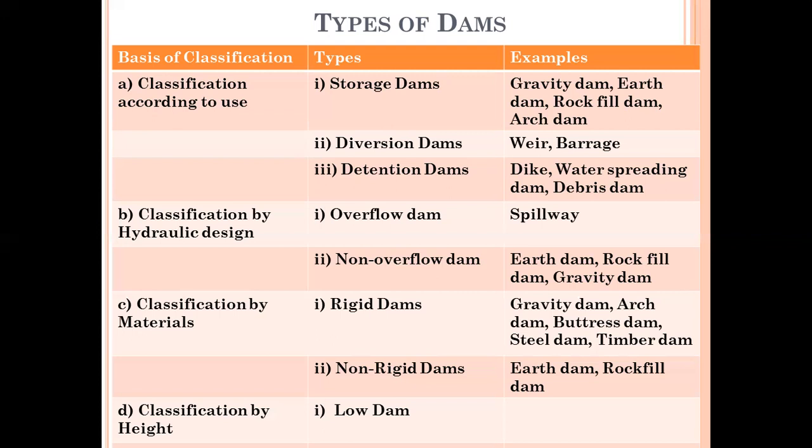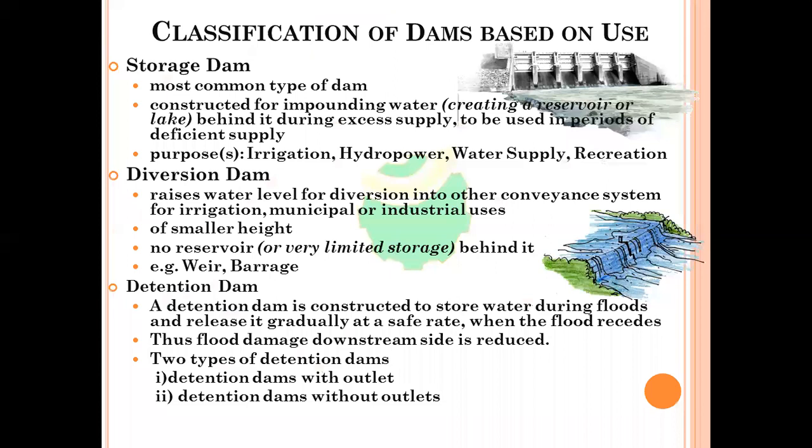Non-rigid dams are constructed with non-rigid materials like soil, gravel, pebbles, like that. Examples: earth dam and rockfill dams. Last category, dams are divided depending on their height, low dams and high dams.